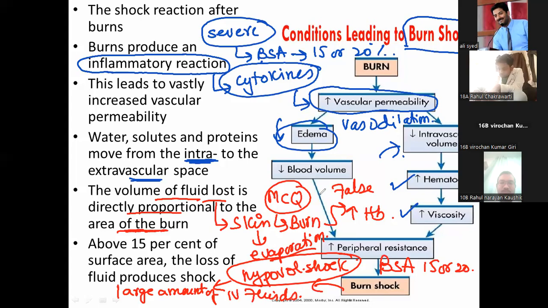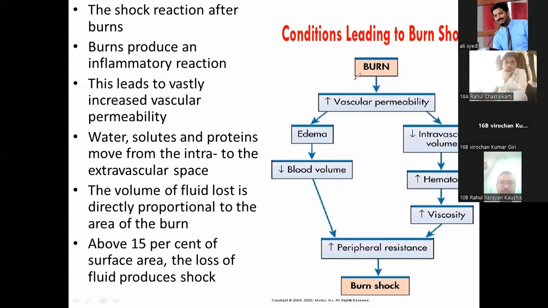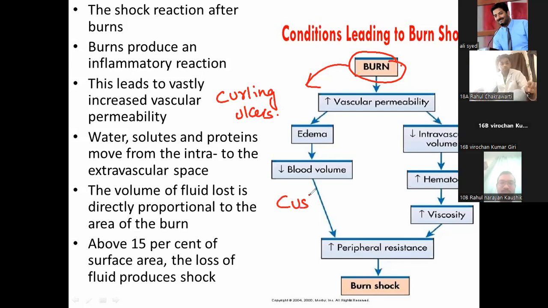So this is the pathophysiology of the burn. And one more important point: in patients with burn injury, they can develop curling ulcers. Two ulcers you must remember. One is the Curling ulcer. Second is the Cushing ulcer.